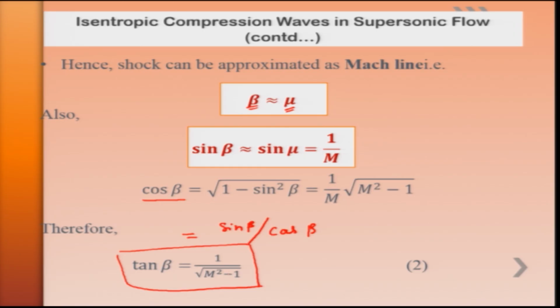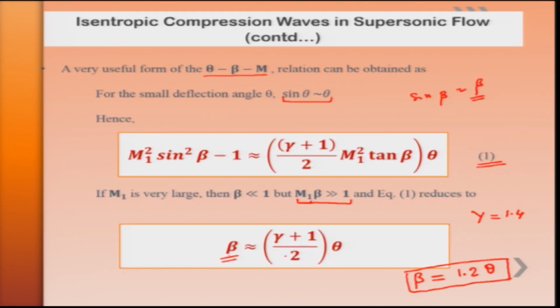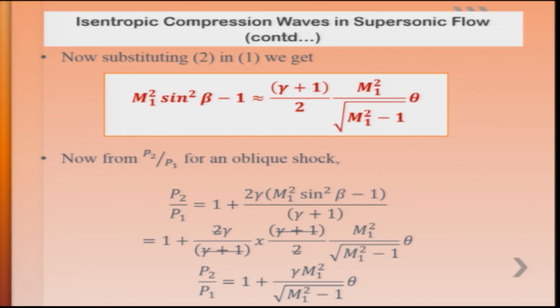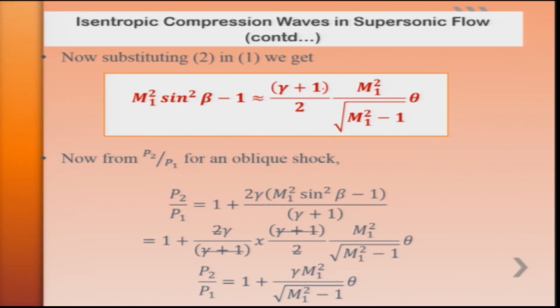Now, if I insert this relationship back into the original equation, which is equation 1 here, I can write M1 square sin square beta minus 1 is approximately equal to (gamma plus 1) by 2 times M1 square upon square root of M1 square minus 1 into theta.